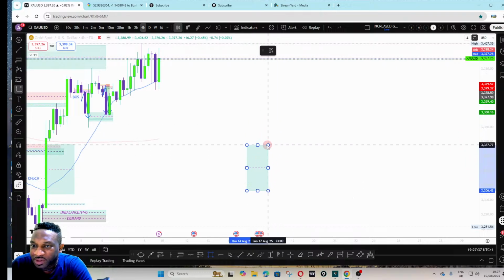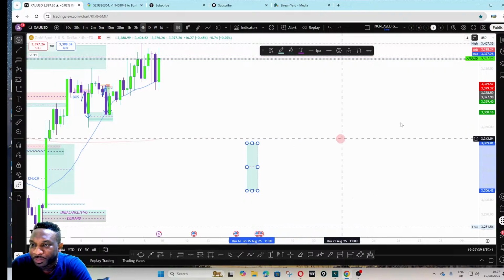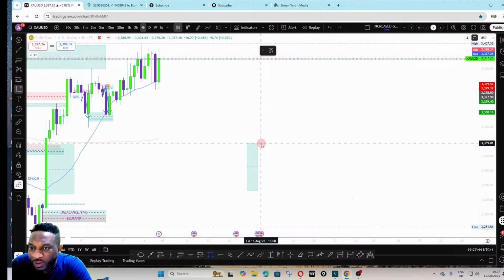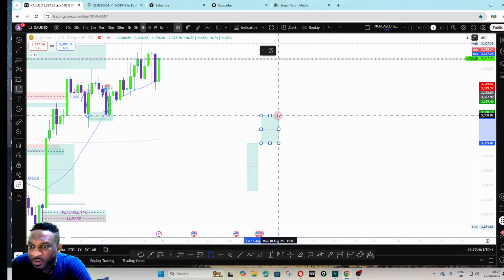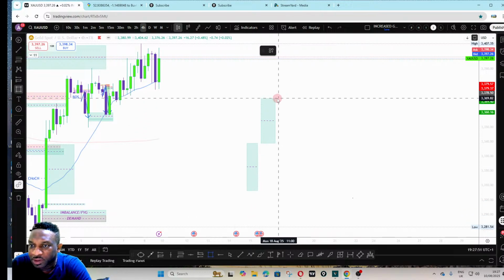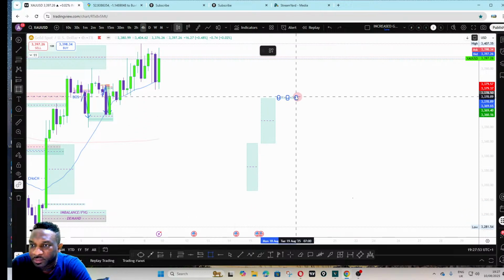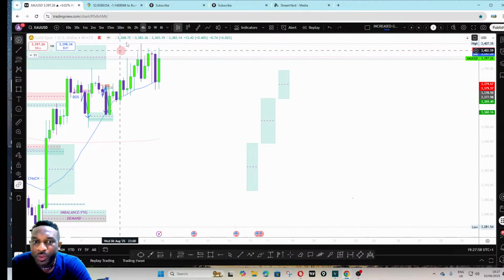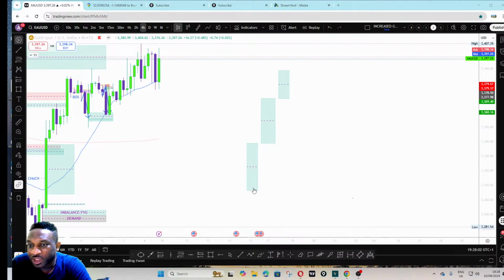So imbalance is more or less a 3 candle formation that we identify on the charts. So with this 3 candle formation, we have, we say, a bullish run. So we have the first candle being this one, the second one, and then the third candle.